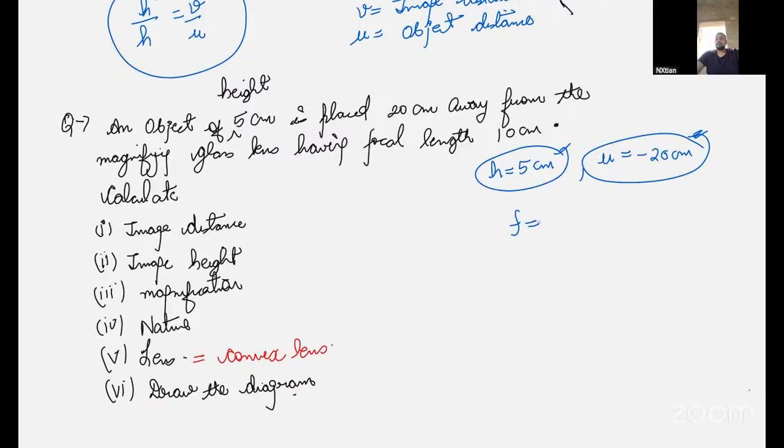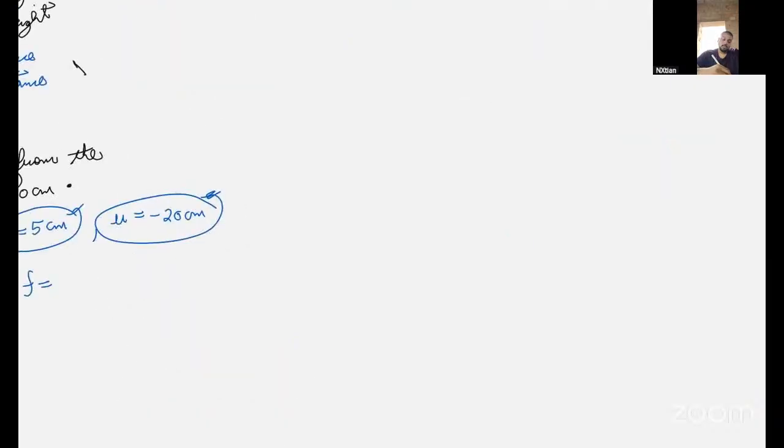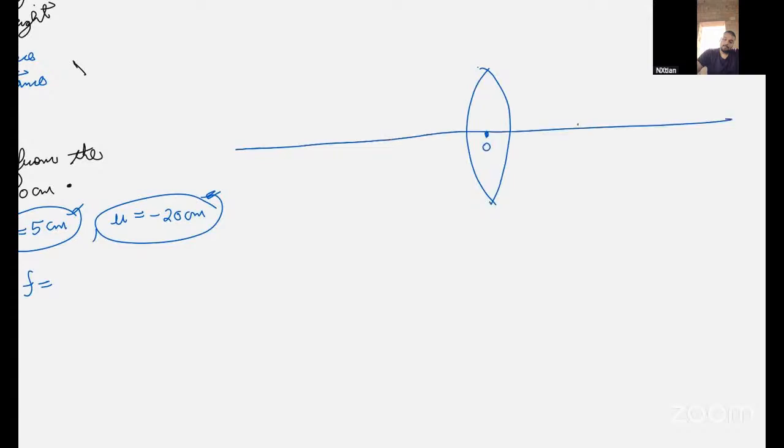Very good. So it's positive. Yes, convex lens. I told you yesterday, we wrote on the top of the copy, this is a convex lens and this is optical center. We always use focal length of this side, no?